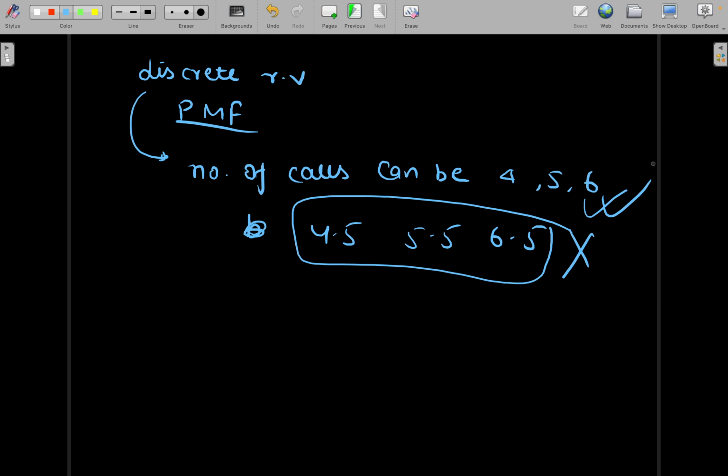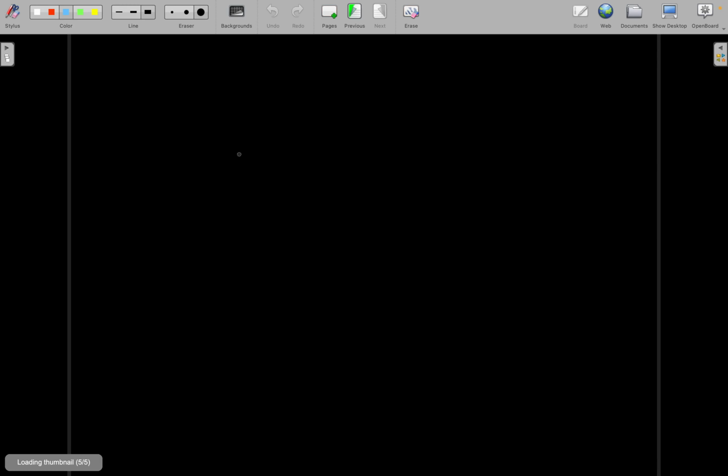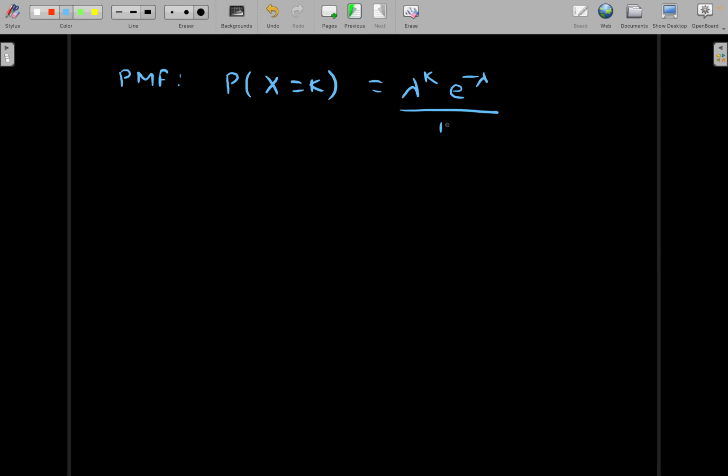Okay, so we can write the PMF of the Poisson distribution as e to the power minus lambda, lambda to the k, upon k factorial, and then its CDF will be what?